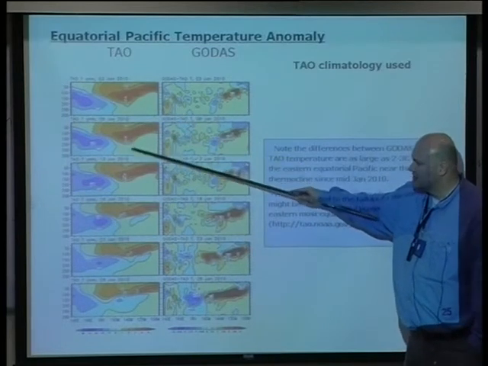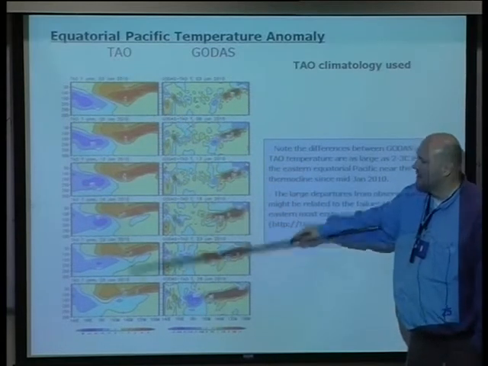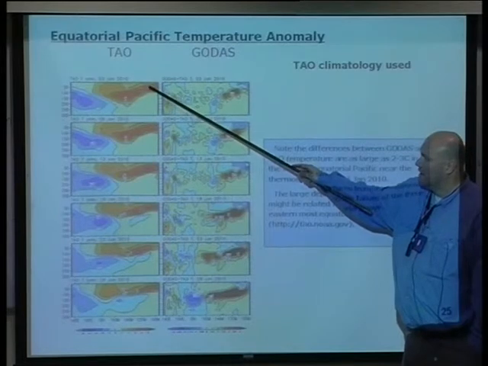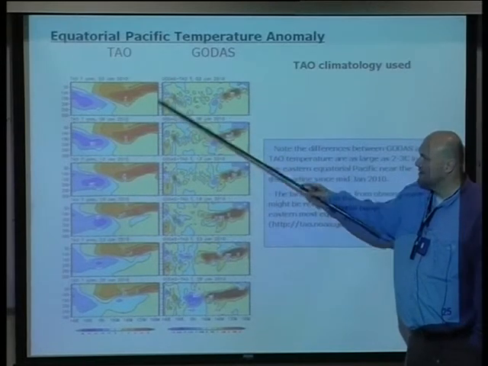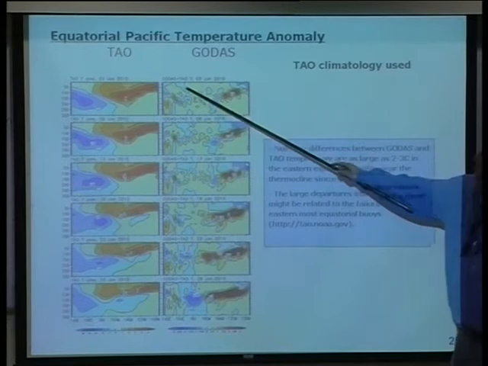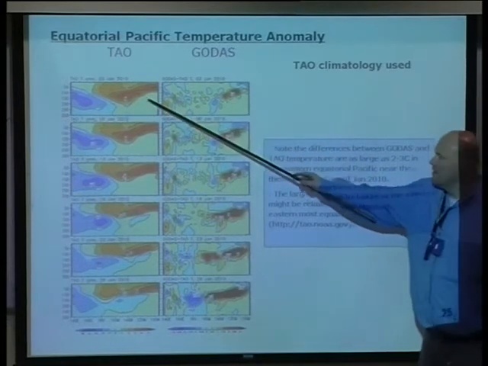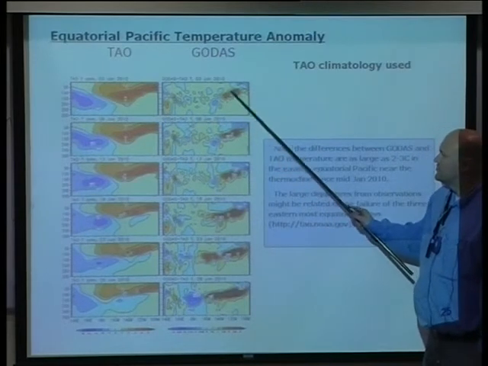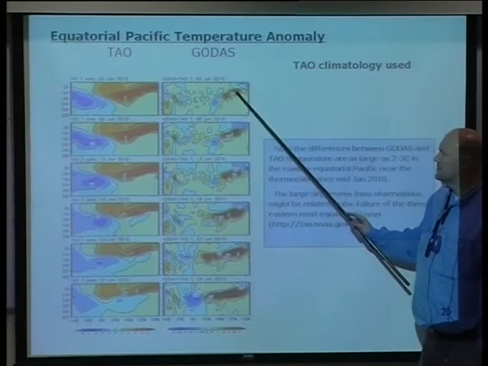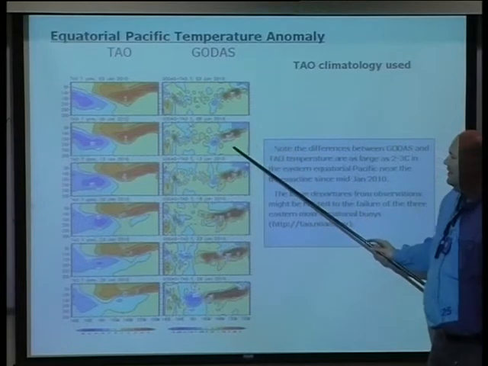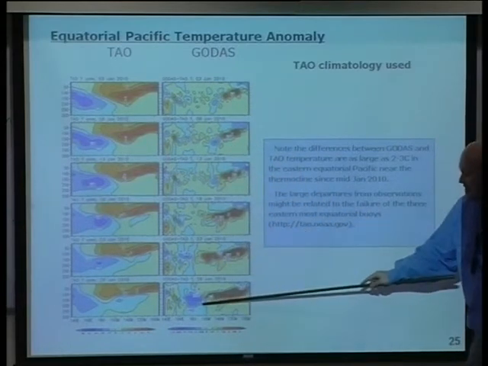This is January 2010. About every one week, they're looking at the observed temperature anomalies. And then this is the difference from GODAS, the GODAS minus the TAO. And so what you see is that there's a warm anomaly here, and then there's a super warm anomaly, because this is the difference GODAS minus TAO that occurs, and actually in time it grows, right?